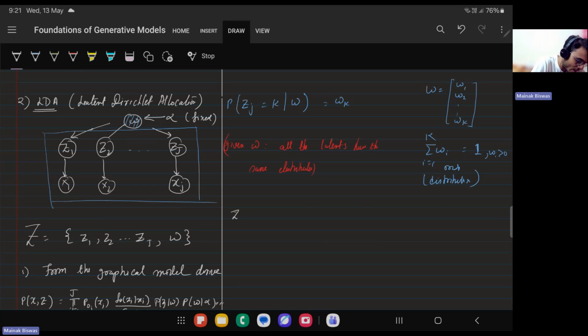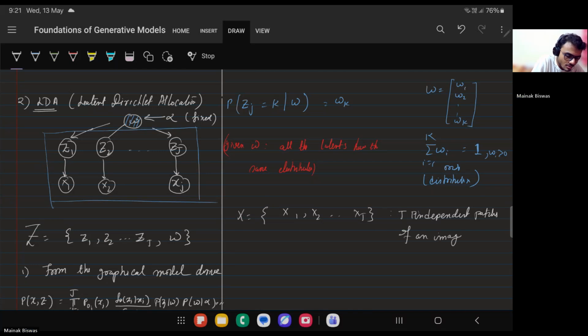My first thing to understand in LDA is my X is divided into J independent patches of an image. So it is patched into J independent patches.